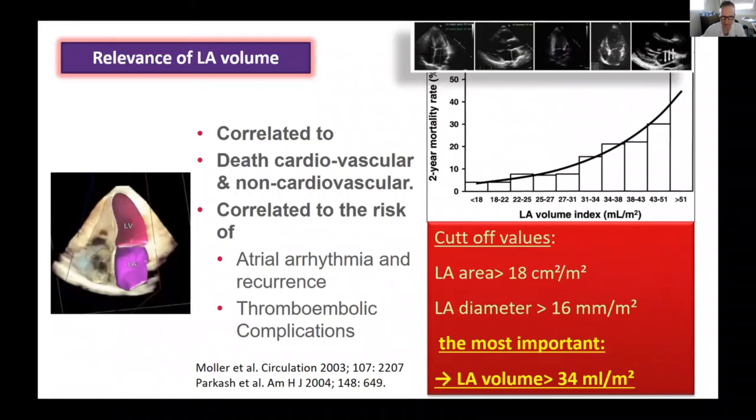In clinical practice, you really have to focus on the biplane LA volume reported according to the body surface area. The normal value of LA volume is less than 34 milliliters per meter square. So it's very important to report this LA volume and to have in mind that the larger the LA, the higher the risk.